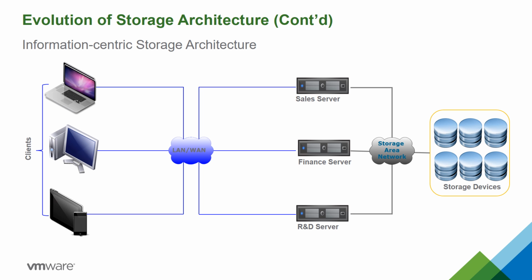Everything is redundant here. Storage level protection is achieved using technologies like RAID. RAID is a technology which would help you to recover your data in case of a disk failure.